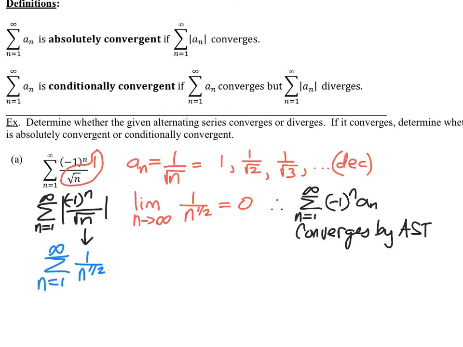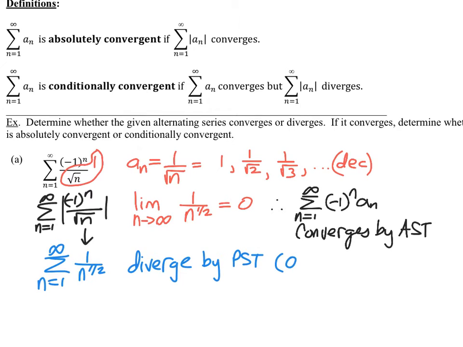All right. So what we get from this, 1 over n to the 1/2, is that that's going to converge or diverge? Diverge, by what test? By p-series test.